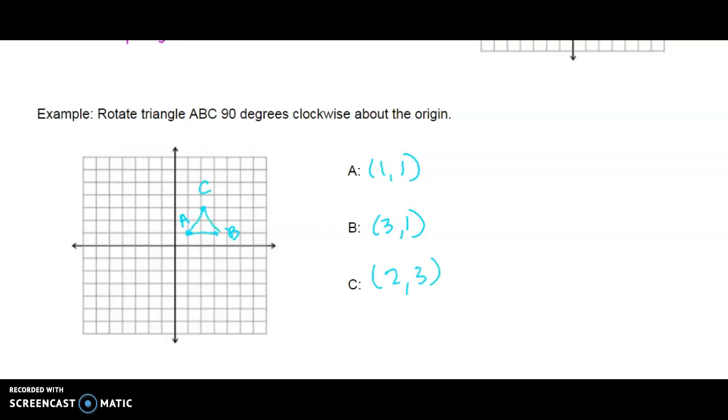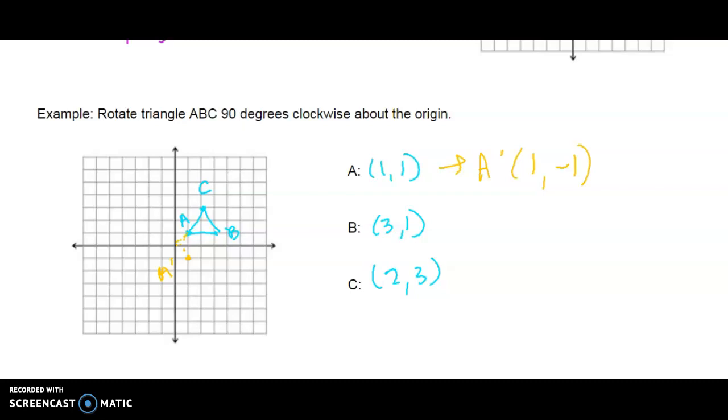Now, when I rotate 90 degrees clockwise about the origin, I really want every single one of these points to make a perfect 90-degree angle with their new ordered pair. So A prime will be here at (1, -1).